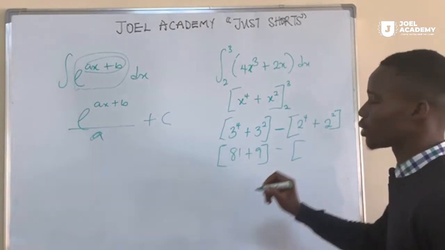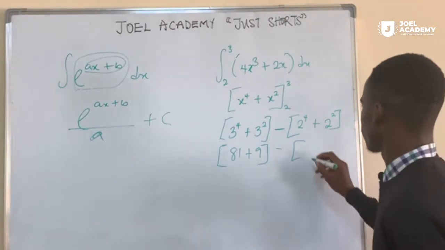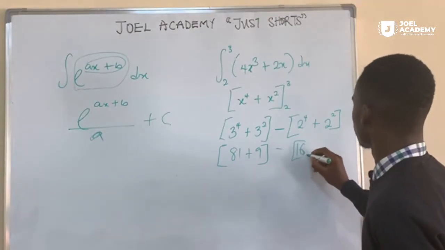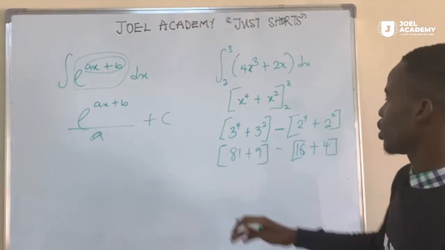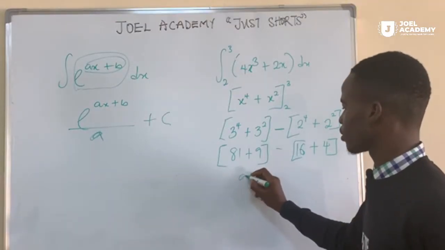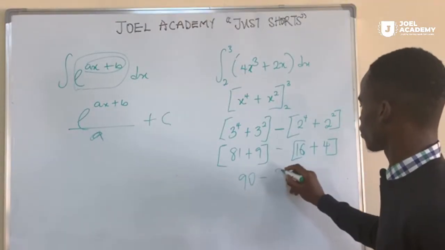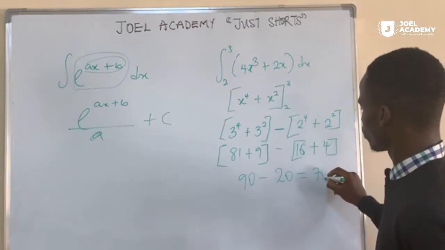Minus 2 raised to power 4 is what? 2 raised to power 2. Okay, so it's 9, 1 plus 9, 90 minus gives us what?